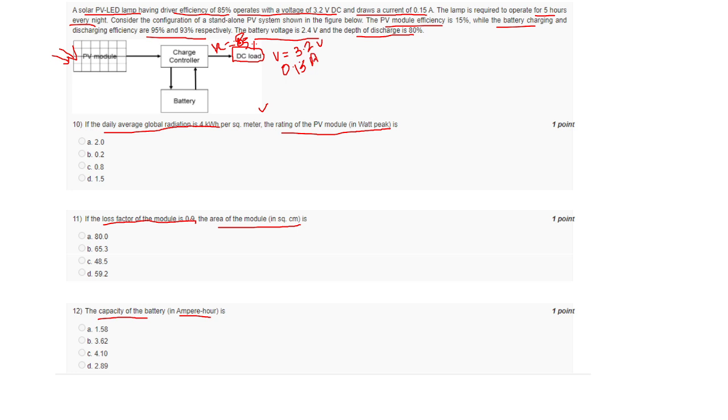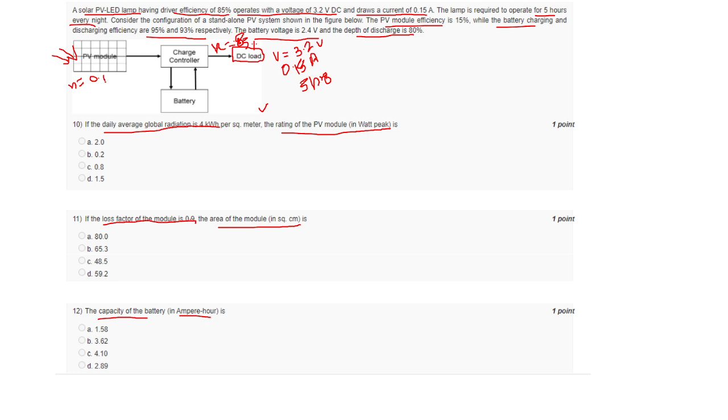Okay, what else is given? This has to be operated for 5 hours every night. So the solar PV should generate enough power so that it can be stored in the batteries and operate at night for 5 hours. Consider the configuration of a standalone PV system shown in the figure below. PV module efficiency is 15%, so module efficiency is 0.15.